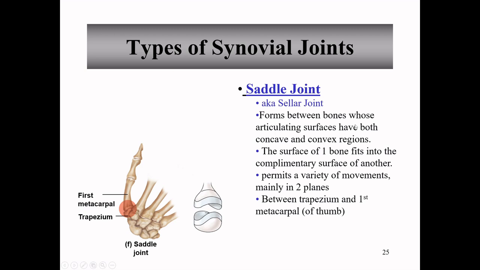Now, the next two bullets talk about how they form between bones that have both concave and convex regions, and it fits into the complementary surface of another bone. What you need to think of with saddle joints or sellar joints is they fit together like puzzle pieces, where it's going to fit perfectly into that complementary bone. And we already said it permits movement in two planes only.